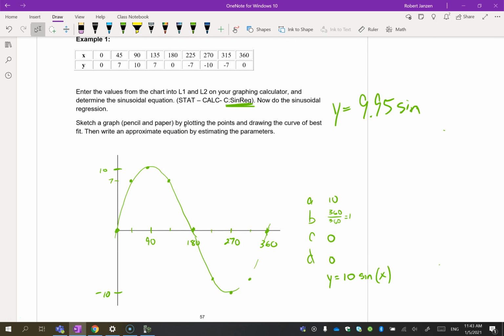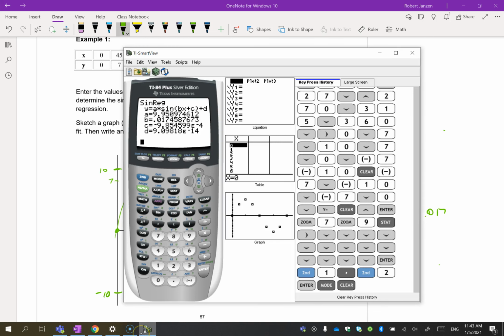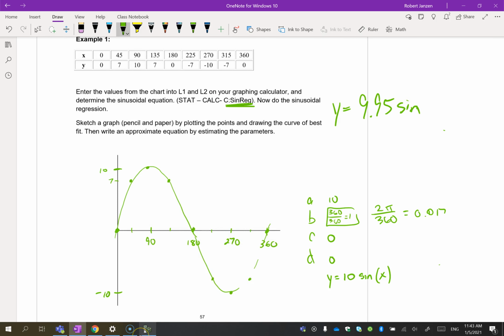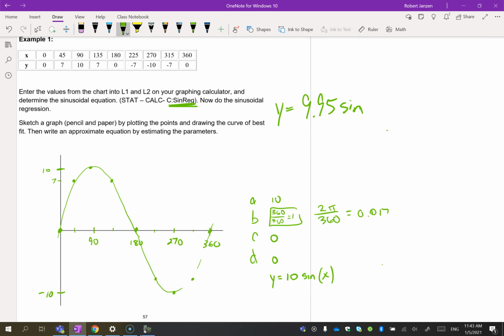So it did not use 360 here. It went and said 2 pi divided by 360, and that's where you get the 0.17. That's fine. That's what we'll enter here. We'll take the calculator at its word.